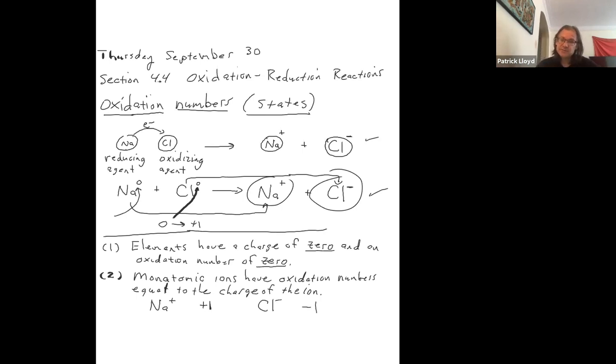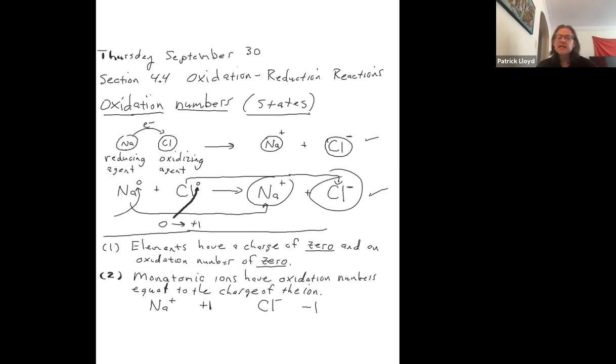So far, so good. Now, for this particular equation here, which is very, very simple, what it shows us is that the sodium changed its oxidation state or its oxidation number. It went from 0 to +1. That tells you it's a redox reaction. If any substance in the reaction changes its oxidation number, that means it's a redox reaction.